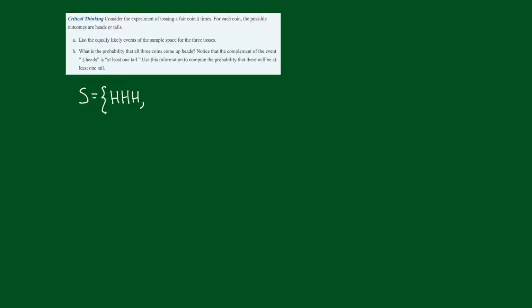Here's what I think could happen. You get head, head, head. Head on the first, head on the second, tail on the third. Maybe a head on the first, a tail on the second, a tail on the third. Maybe you get tail, tail, tail, tail on all 3. Or you get maybe a tail on the first, tail on the second, head on the third. Now the order doesn't make any difference. We're just listing all the possible things that could happen.